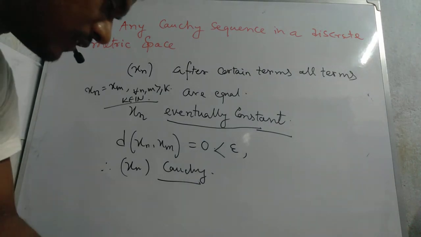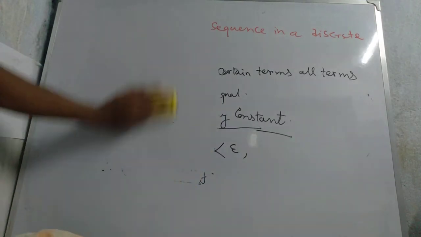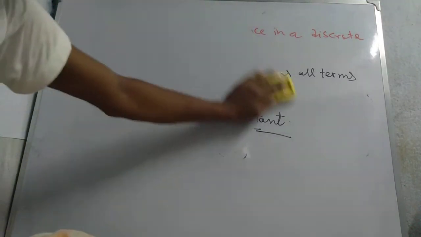Okay, so now we talk about another portion, one example. We write one example of Cauchy sequence. One important example: let X be a non-empty set, let X not equal to phi be a set.